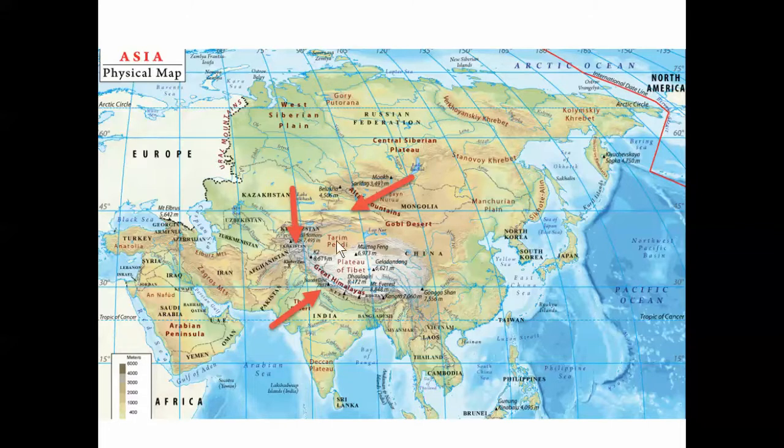North of that, as I said, is what's known as the Tibetan Plateau. Most of the region of Tibet exists within that. North of that is the Tarim Basin and the Tarim Desert and the Gobi Desert. And so this system here is the interior deserts.